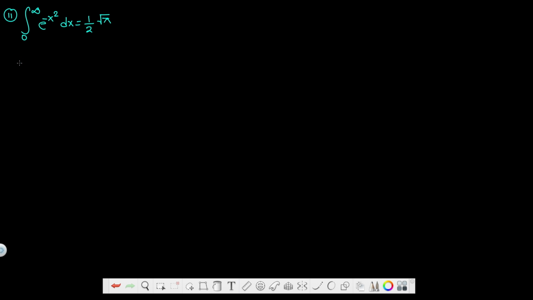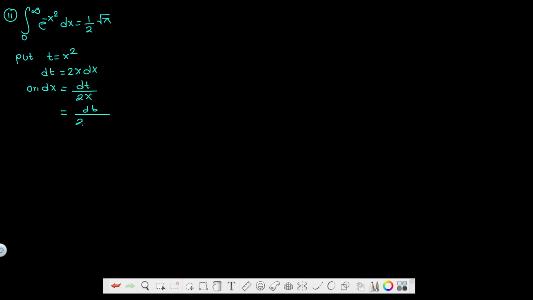So all we have to do is put t equals x square and differentiate both sides with respect to x. We will get dt equals 2x dx, or dx equals dt over 2x.